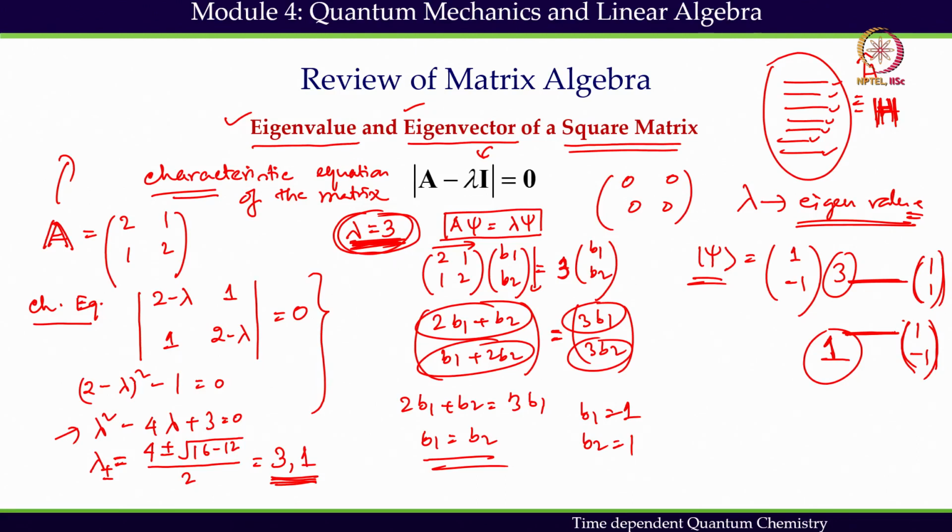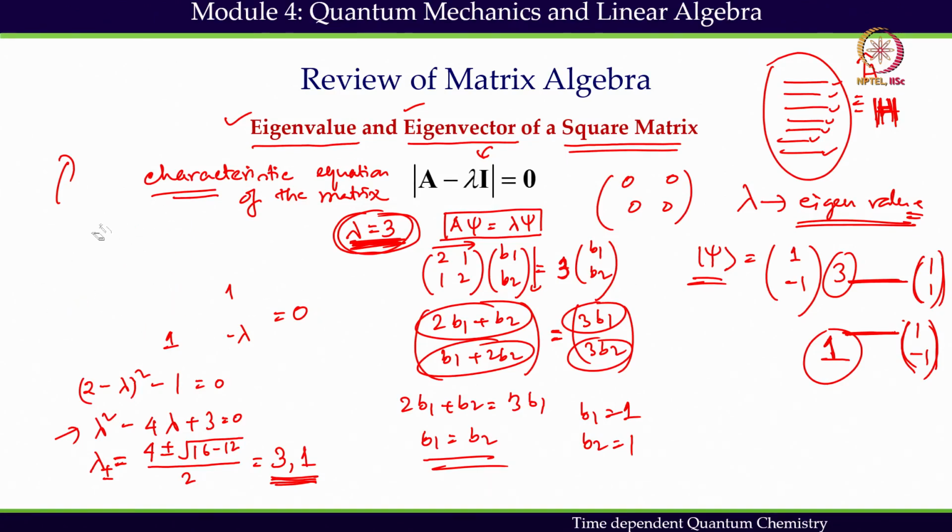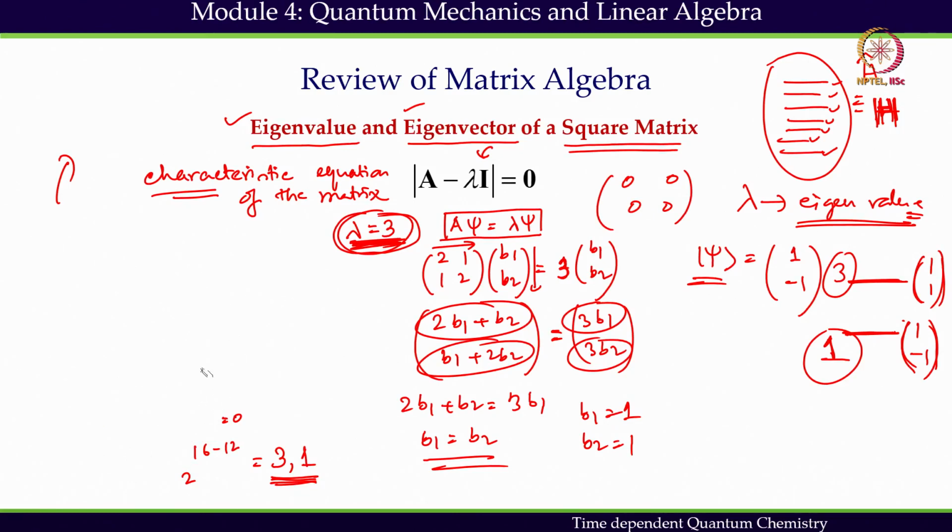So, now what we will do is find the norm of the eigenvectors. We have two states right now, and we would like to normalize both states so that we can get the normalized wave functions. Associated with this 1 minus 1 state, we will get the norm. How do we get the norm? Norm is given by the square root of the inner product.